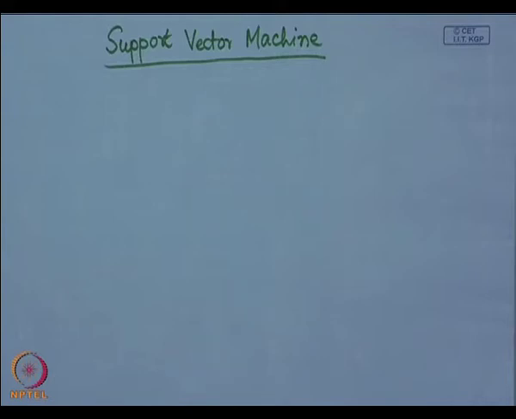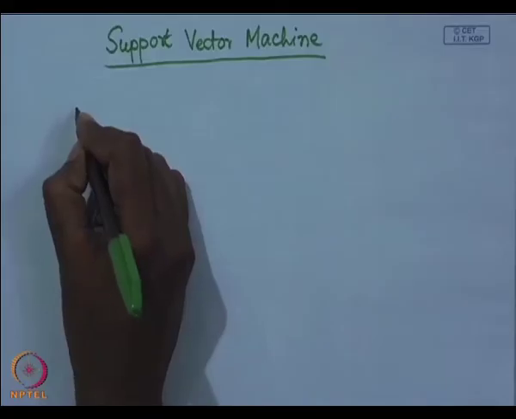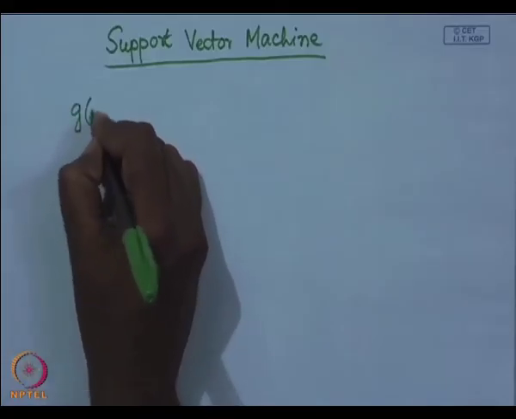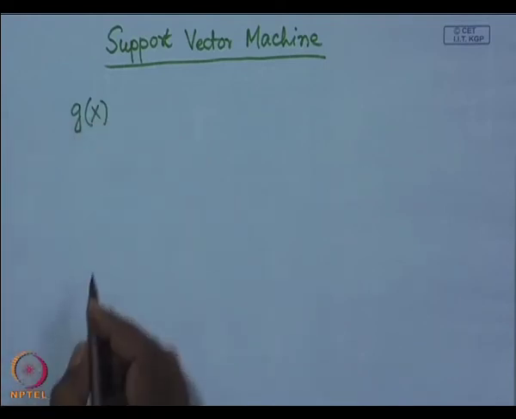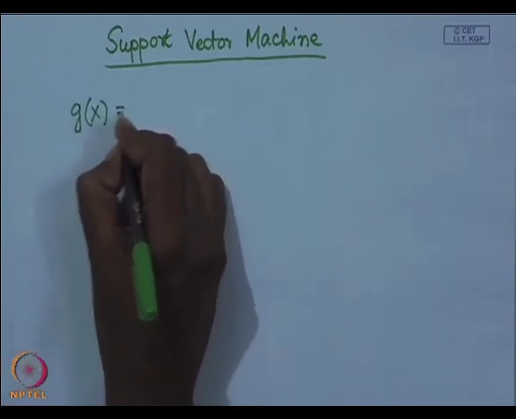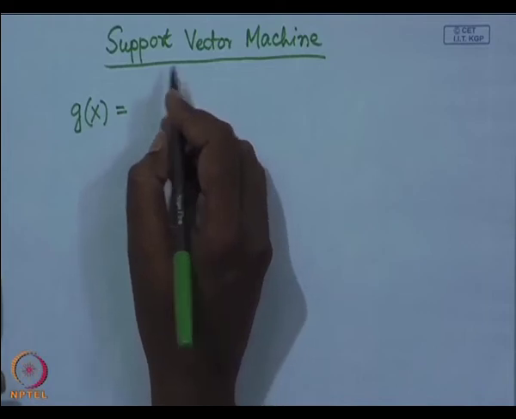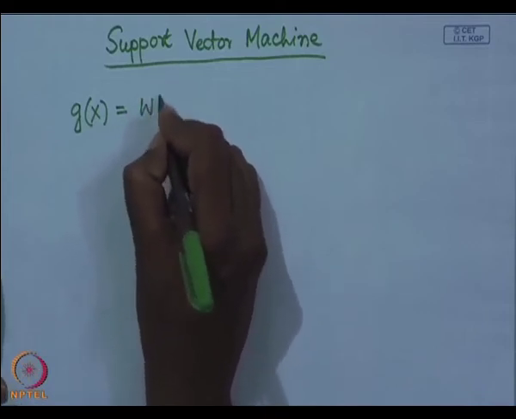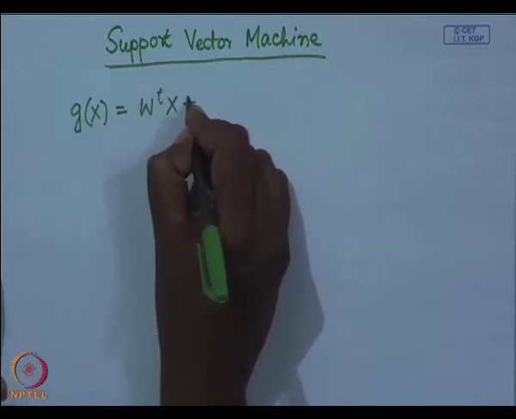So, if you remember what we discussed in the case of a linear classifier, given a two class problem, we have said that I can define a discriminating function, say g of x, which is of the form w transpose x plus b.